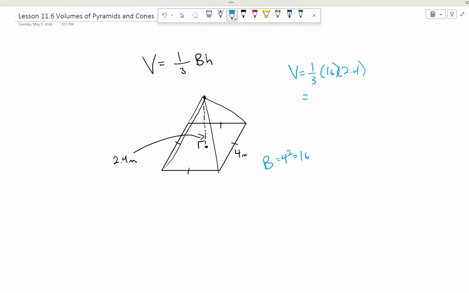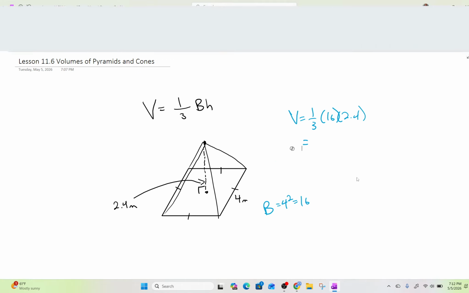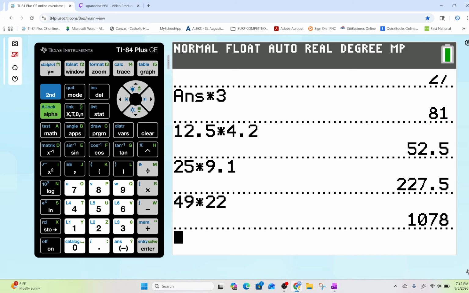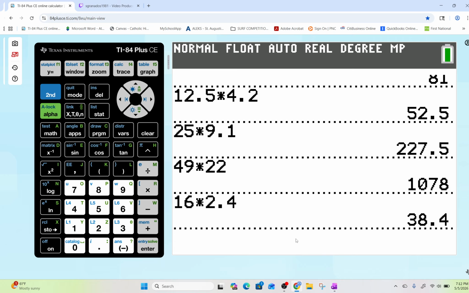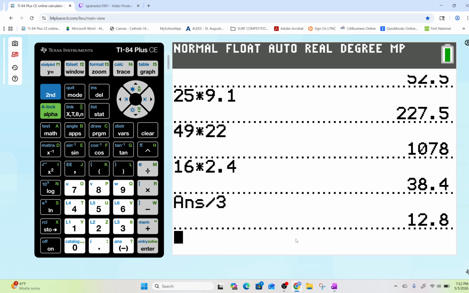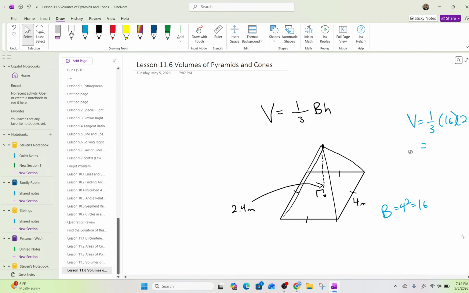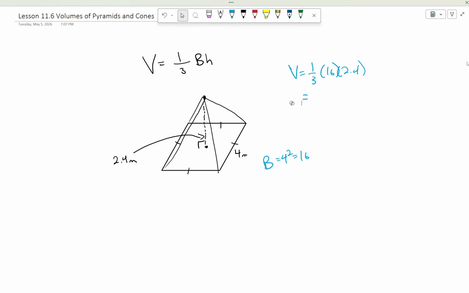Punch it into the calculator. 16 times 2.4, we're going to divide it by 3, like multiplied by 1/3, is 12.8. And that'll be 12.8 meters cubed.